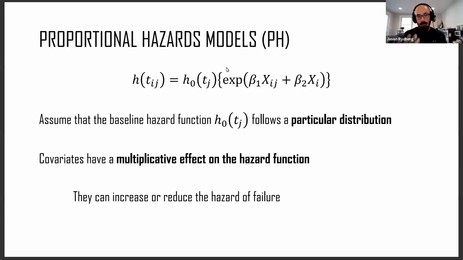So in general, we have a very similar looking formula. The only difference between this and the Cox model is here, H sub 0, our baseline hazard, we assume has some particular shape that can be described by some particular parameters.